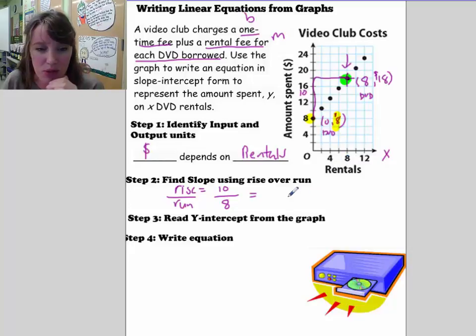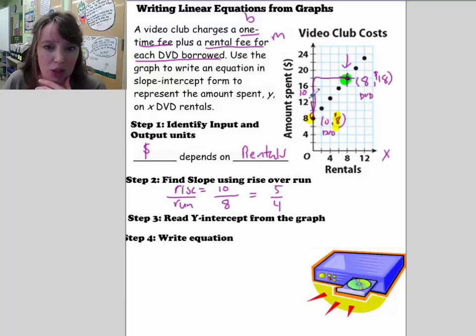They both go up by 2 on the axes, so it reduces to 5 over 4, which is the same as counting 1, 2, 3, 4, 5 and over 1, 2, 3, 4. That's because they share a common factor of 2. So the slope is 5 over 4.